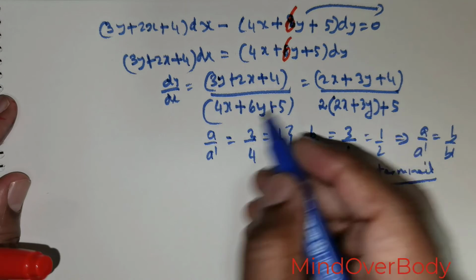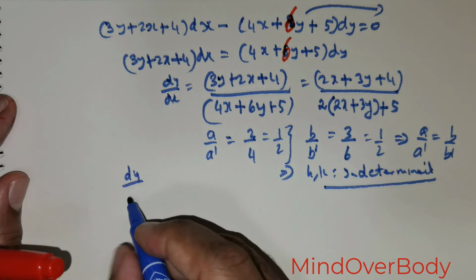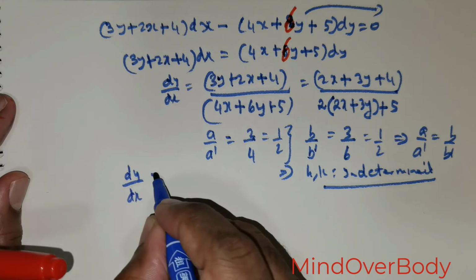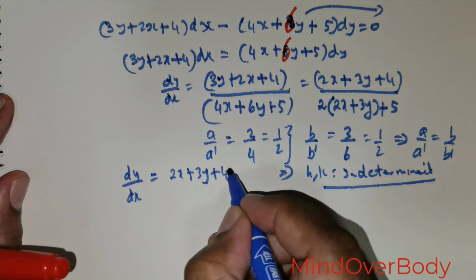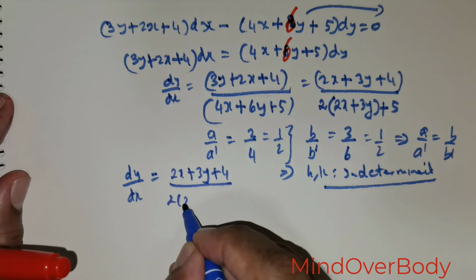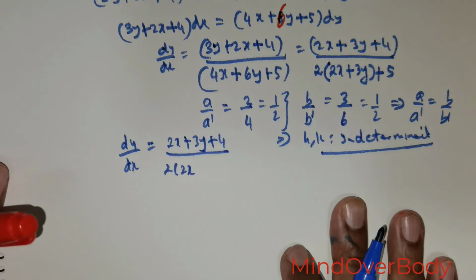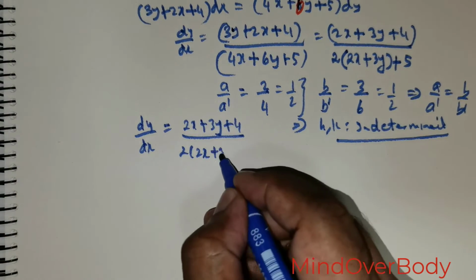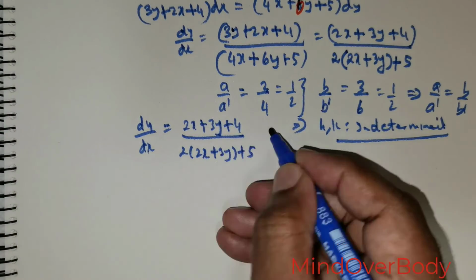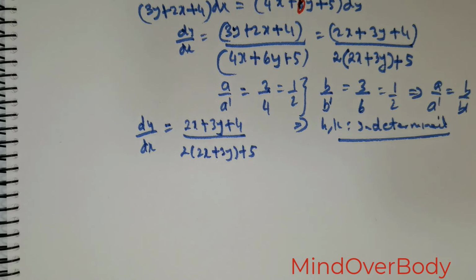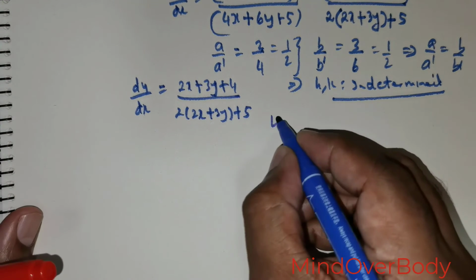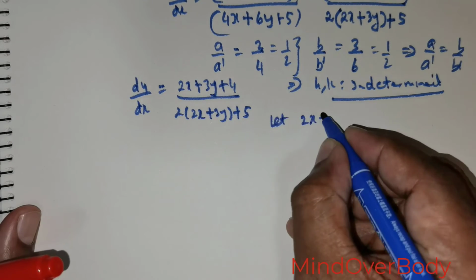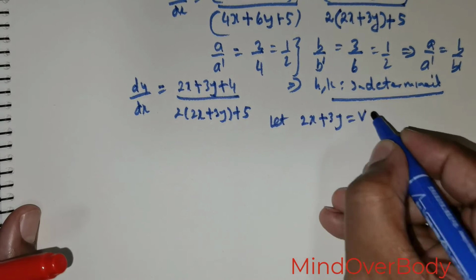Now we will be using this, so I would be taking dy over dx to be equal to 2 times x positive 3y positive 4 divided by 2 times of 2x positive 3y positive 5. So this is the required equation or system that we would take. Now what I would do is let 2x positive 3y be equal to some v.